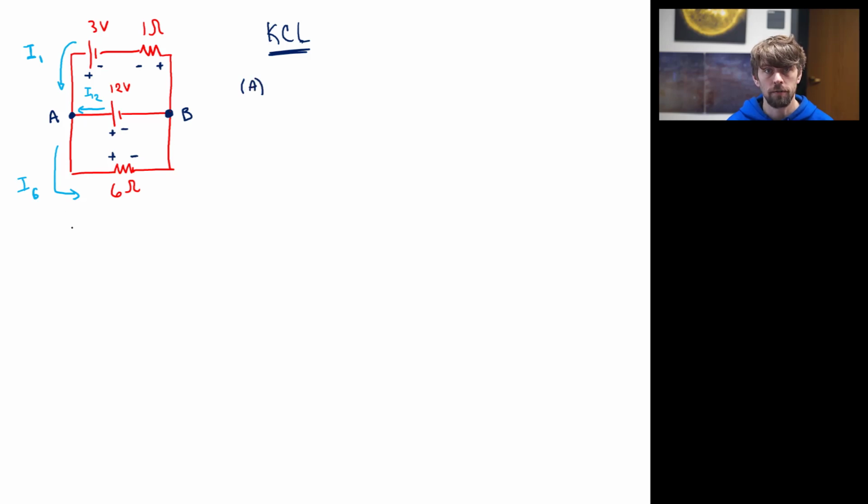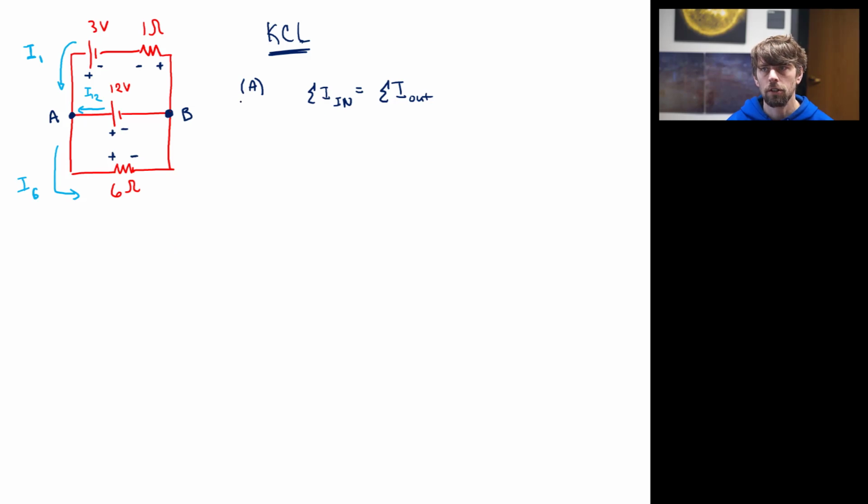You can pause the video and go ahead and write out Kirchhoff's current law for either junction, and I guarantee you'll get the same expression for this example problem. Okay? Now we recall that the current law says that the amount of current going into a particular junction or node is equal to the current that comes out.